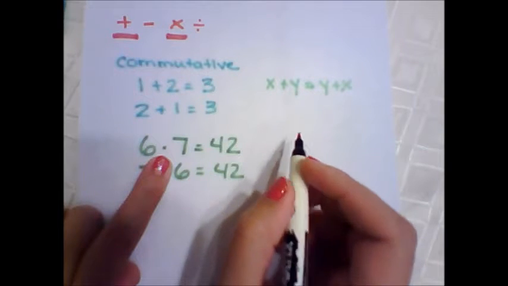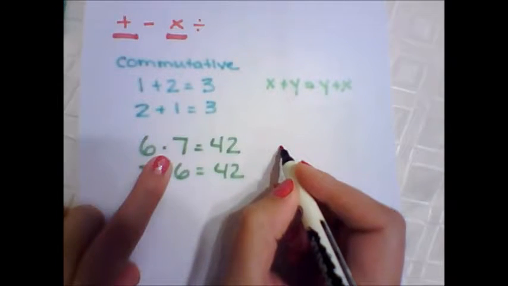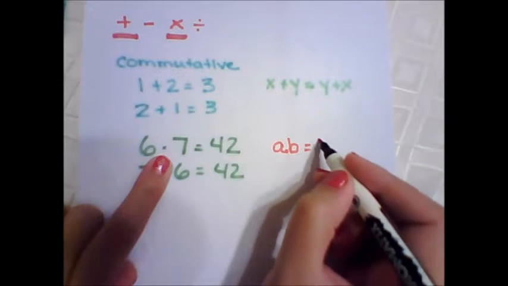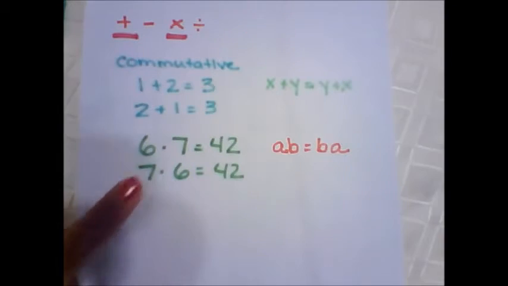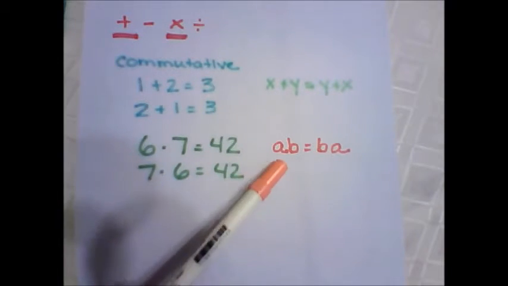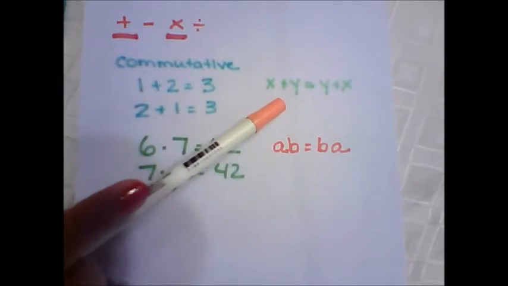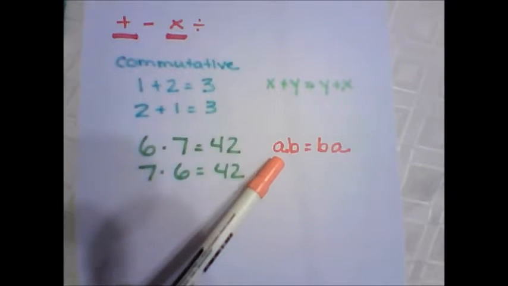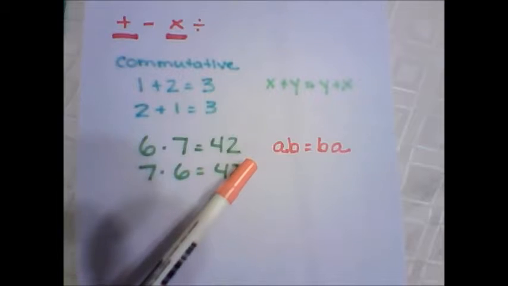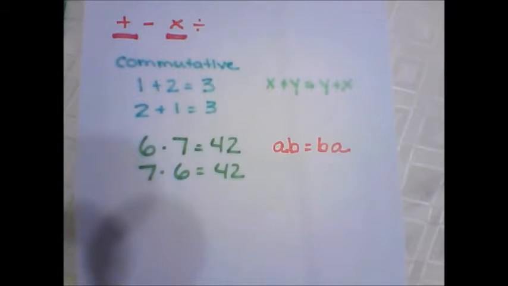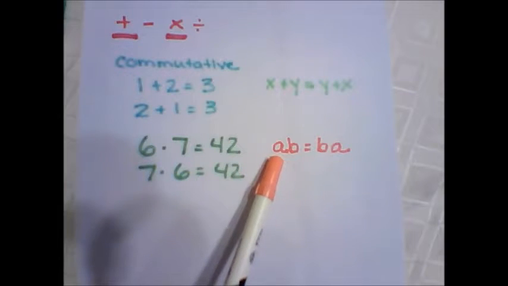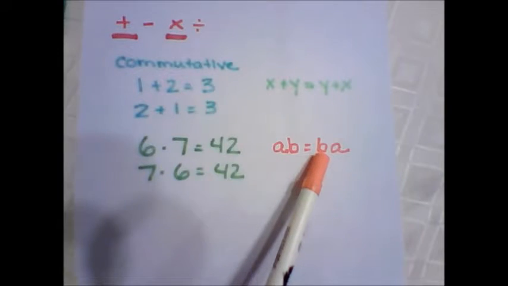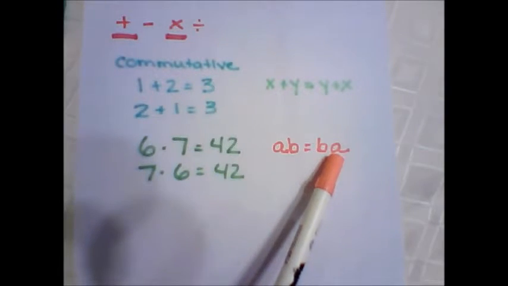So A times B is the same as B times A. We simply switched around the variables. Remember, I chose A and B, X and Y; all these variables mean something different. We can interchange these letters with any number you can think of, and it will work every single time. If A in this case is 2 and B is 5, then over here B has to be 5 and A has to be 2 to satisfy the property.